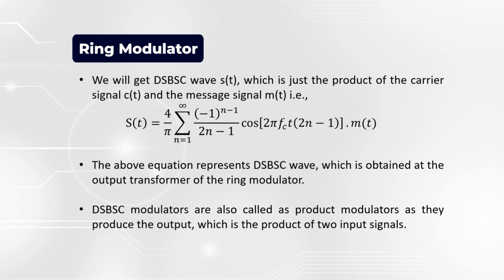The above equation represents the DSB-SC wave which is obtained at the output of the transformer of the ring modulator. This DSB-SC modulator is also called a product modulator, as it produces an output which is the product of the two input signals. Thank you.